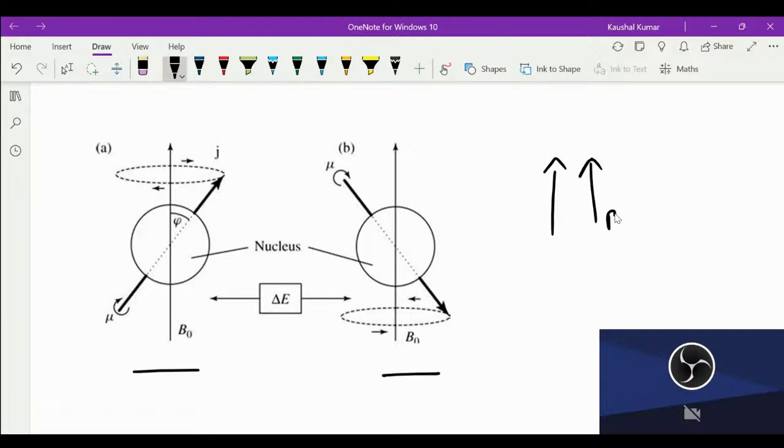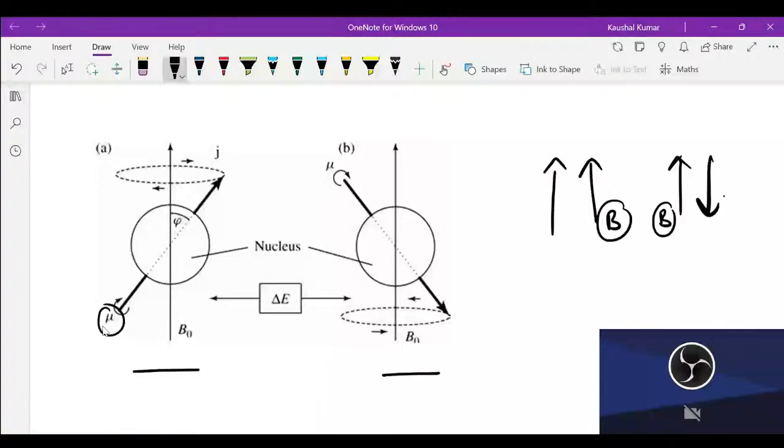This is B, and this is the spinning, or it can turn anti-parallel. Suppose this is your B and this is the spinning of the atoms. Are you getting my point? So this is the spinning. So this is an atom. It has a mu. What is this mu?